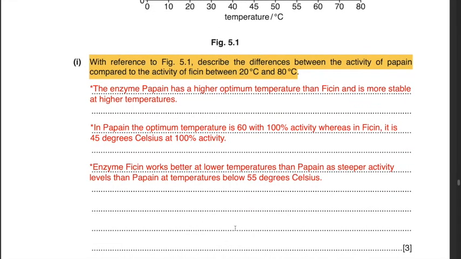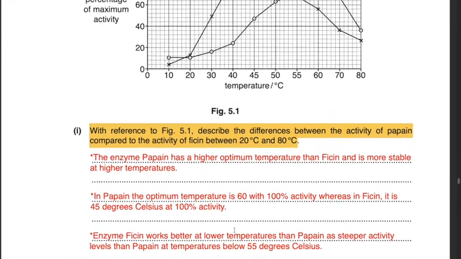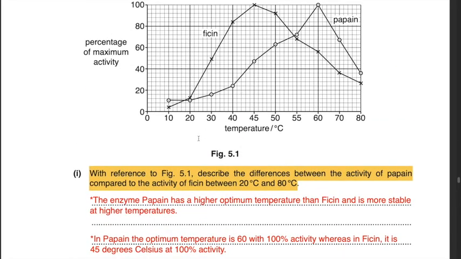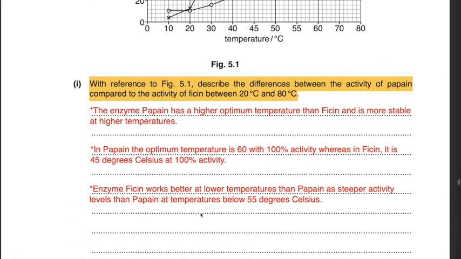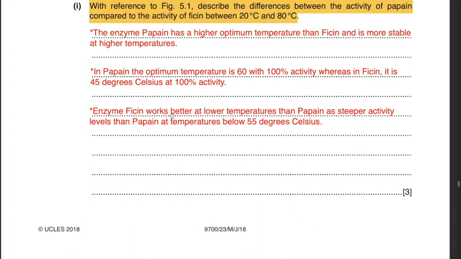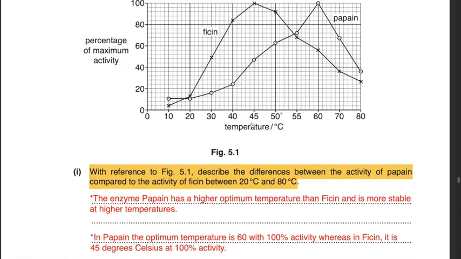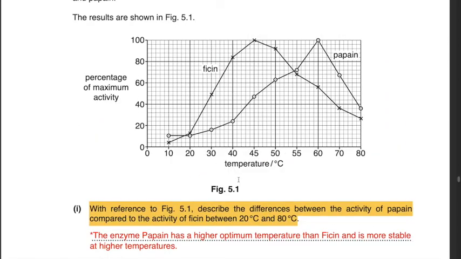The enzyme ficin works better at lower temperature ranges, whereas the enzyme papain works at higher temperature levels. The enzyme ficin works better at lower temperatures than papain, with steeper activity levels than papain at temperatures below 55 degrees Celsius. As you can see, papain works at higher temperature ranges, whereas ficin works at lower temperature ranges, if you look at the steepness of the curves.